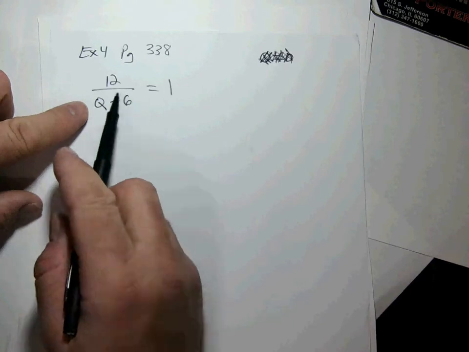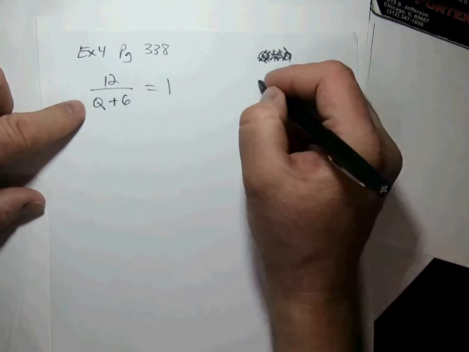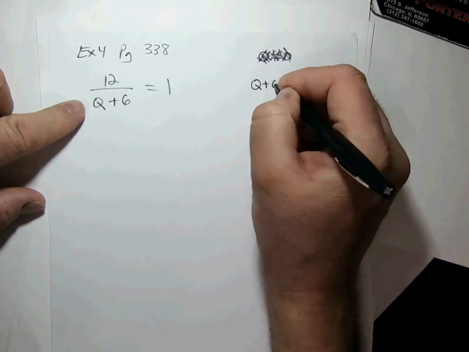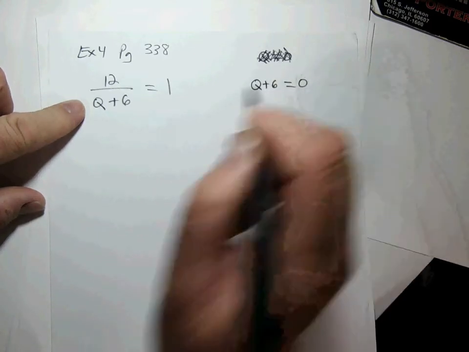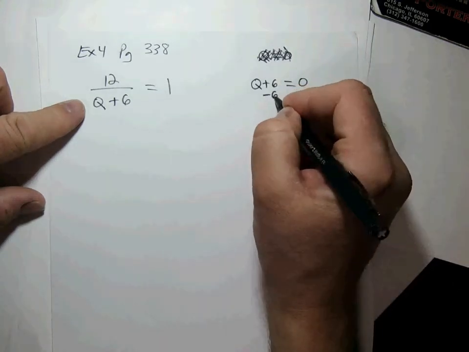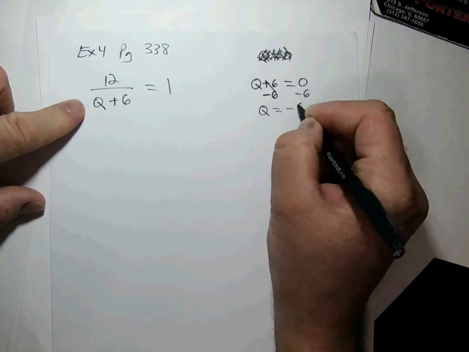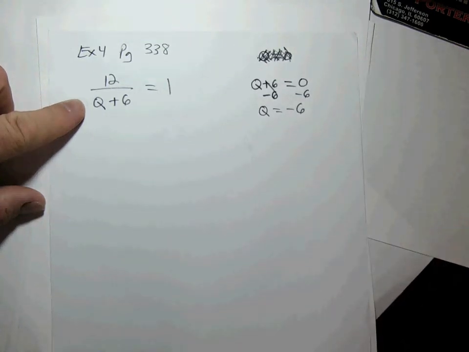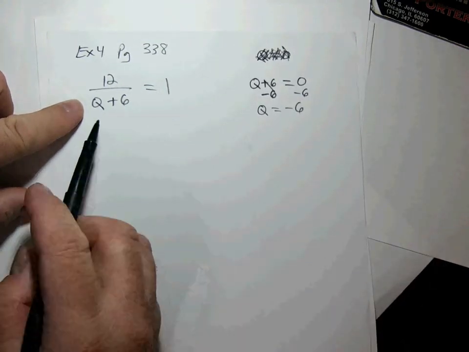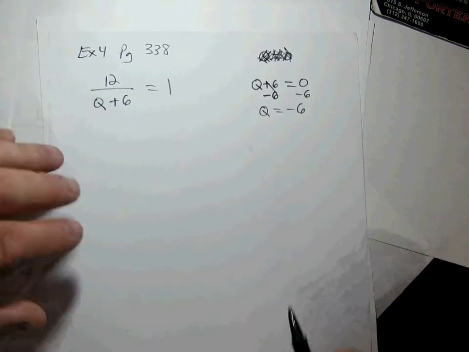Well, if you ever struggle to figure out what the problem is, just grab that denominator off to the side and set it equal to 0. Solve your own little equation over here and say, okay, what's going to cause the denominator to be 0? Oh yeah, if q is negative 6, then my denominator is 0, right? You can see it right here. Negative 6 plus 6 would give me a 0. So that's a restriction.